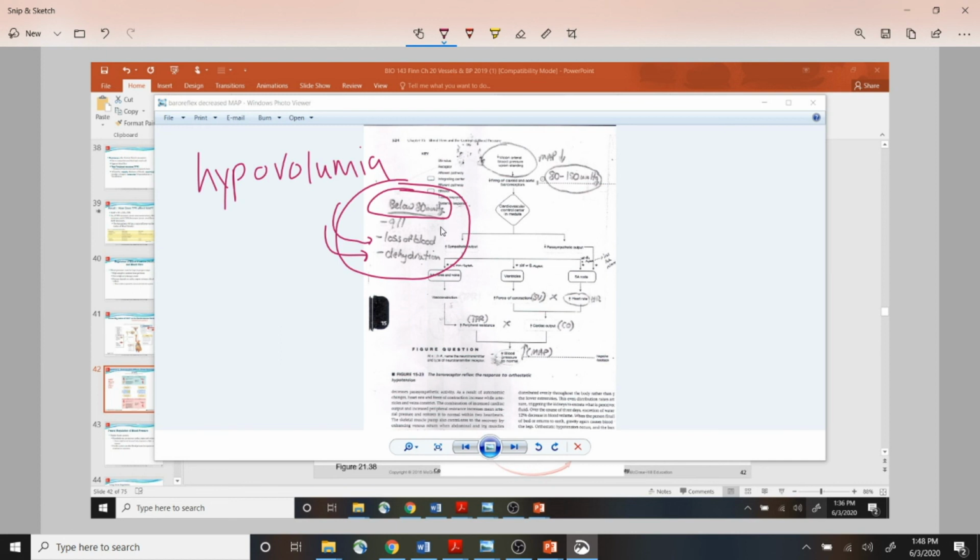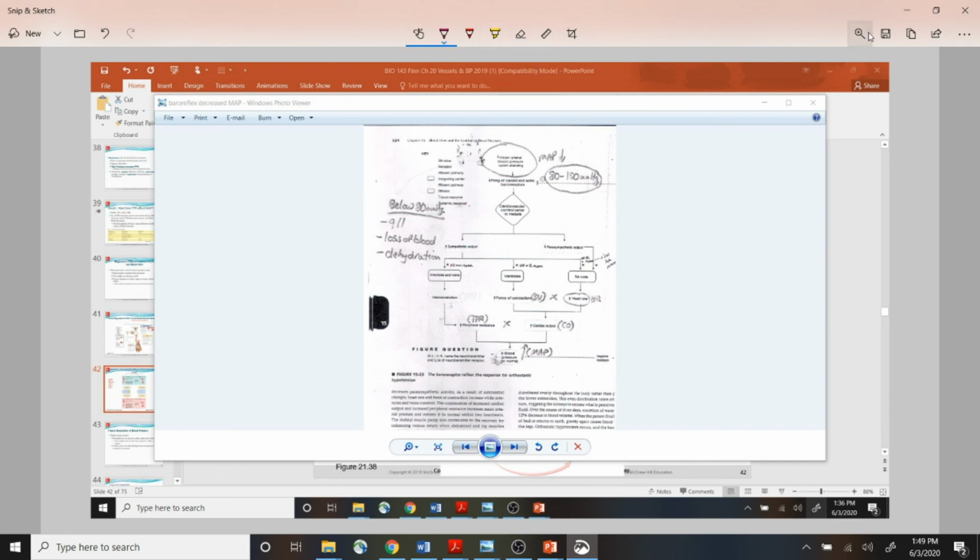And your short-term baroreceptor reflex can't work. This can't save me. If it's a more moderate or severe loss of blood or dehydration, I might need to get myself into a hospital setting to replace the blood or replace the water. This cannot make blood up, and this cannot make water up. You might have to be given that. So that probably makes sense to you.